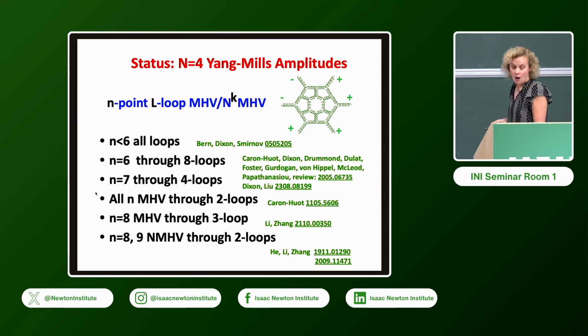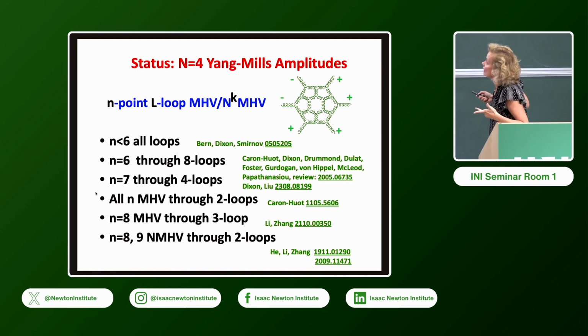Here's the status. As I said, amplitudes are characterized by three numbers: the number of points, meaning external legs, the number of loops, and the number of positive or negative helicity gluons. So that's MHV, NMHV, N squared MHV, etc. This is an MHV, for example.